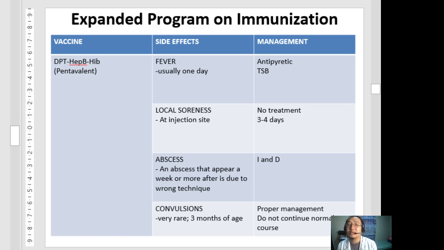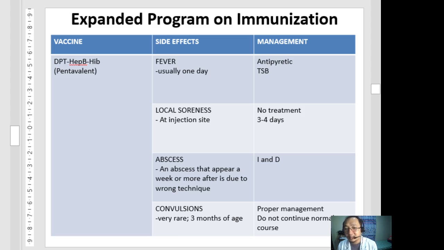Then, absolute contraindication. It's not mild. It's really a dangerous one. The formation of convulsions after the first dose of the HIB or DPT in the old Expanded Program on Immunization law. Okay, although this is very rare and usually happens at 3 months, and this is usually caused by the letter P component, which is pertussis.